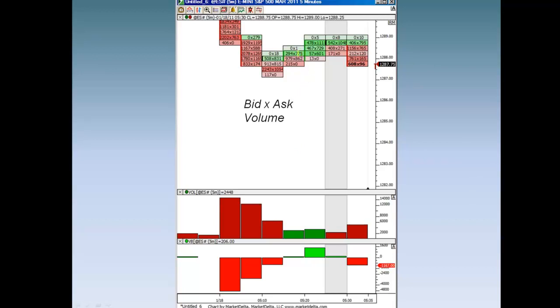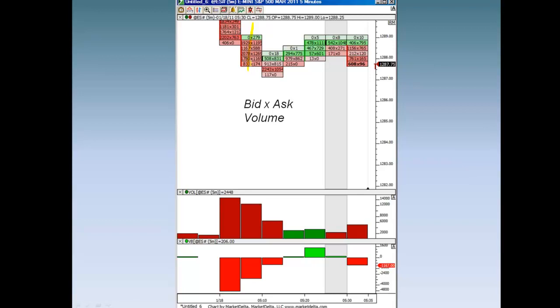So if the volume was positive, it would give us a green. If the volume was negative, it would be red. And the purpose here is it'll highlight for us which volume was predominant in the bar. So in looking at this particular bar, selling was certainly dominant.